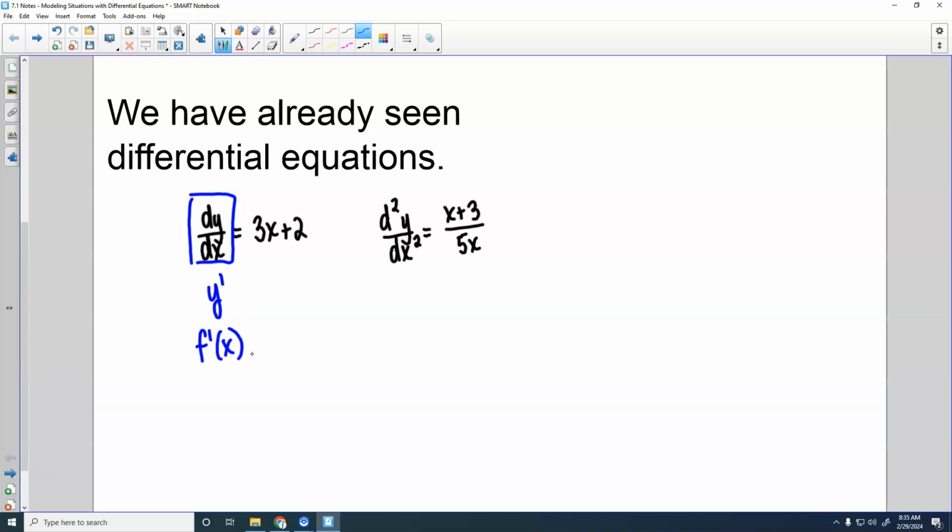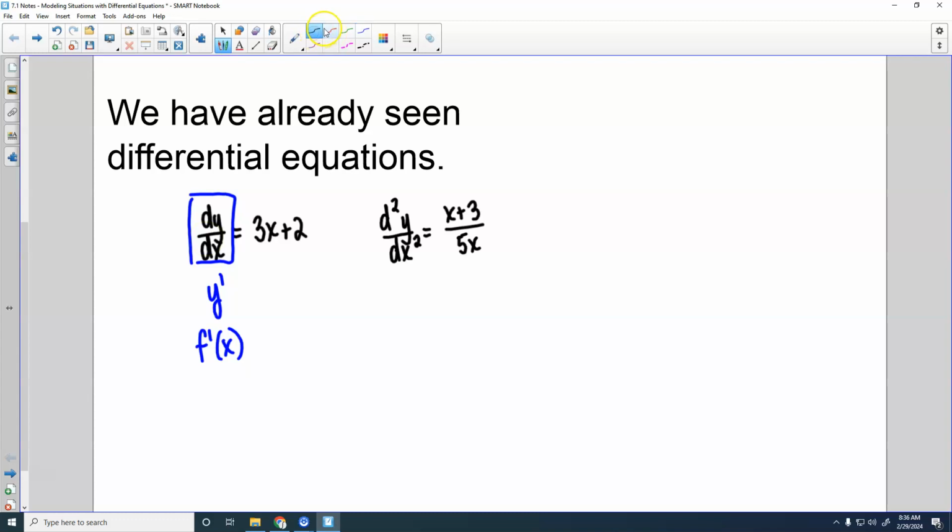We particularly used that notation a lot whenever we were doing implicit differentiation, those equations where we had an x and a y. When we took the derivative of anything with a y, we had to put the dy dx with it. So we have already seen some of this. This is differential equation notation here.